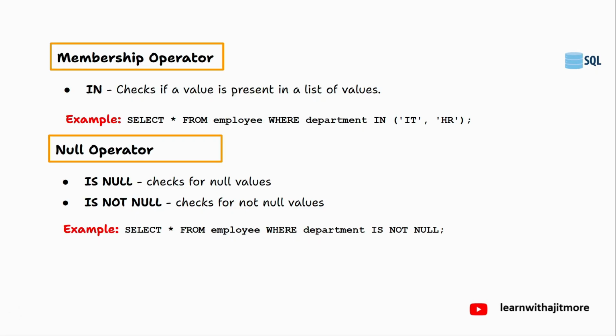But this query, with is not null, will print those employees to whom the department is allotted. It will display all the employees to whom the department is given.